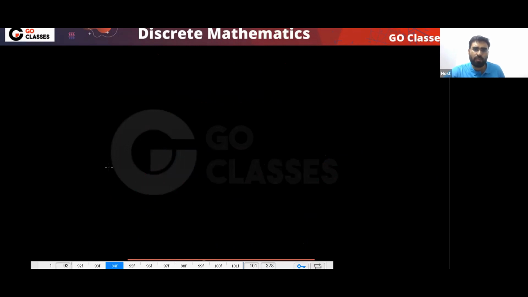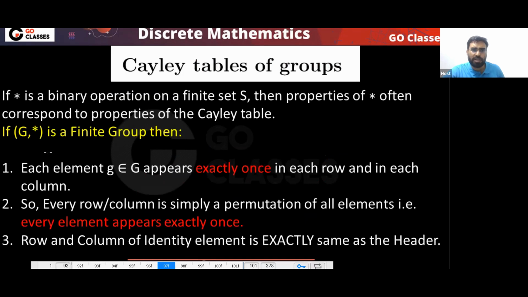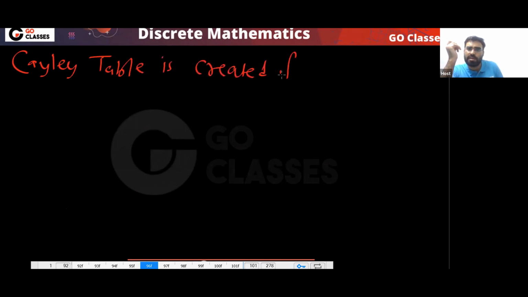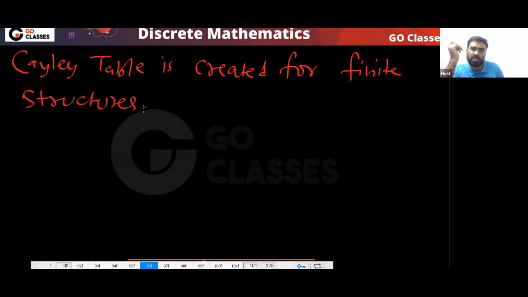The first thing to remember is that the Cayley table is created for finite structures. Only for finite structures we create a Cayley table.